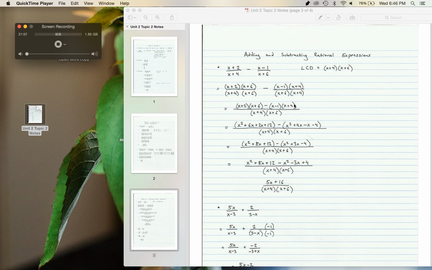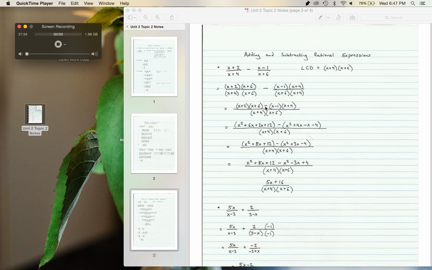And you cannot cancel from one side of subtraction or the other because whatever you would be canceling up here is not being multiplied by the entire numerator. It's only attached to this guy. So it violates order of operations to do any canceling at this point, and that would result in an incorrect answer. So be careful that you're not tempted to cancel at this point.